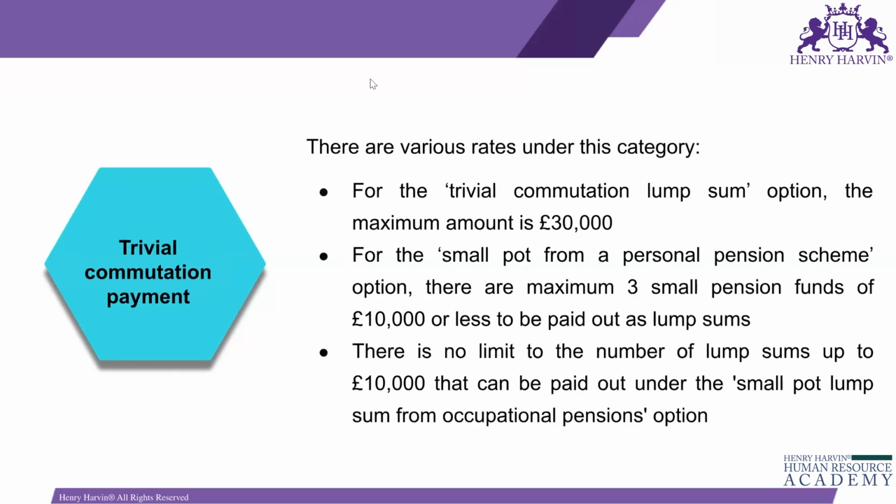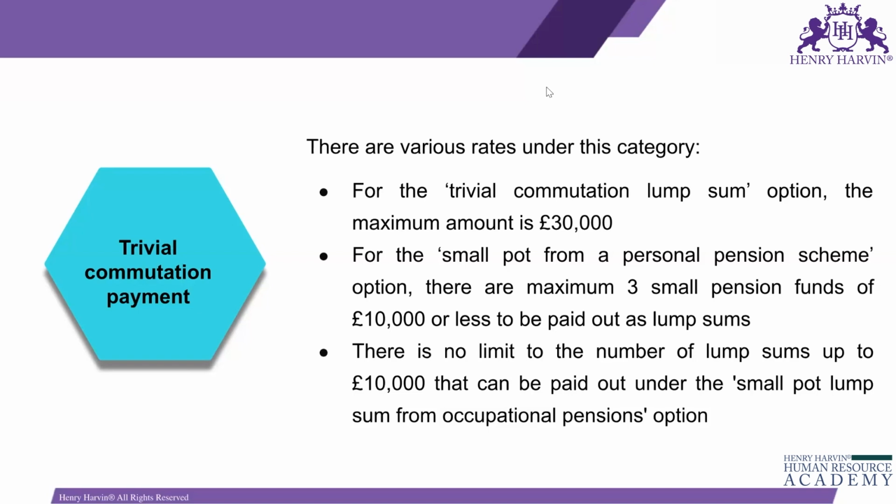Trivial commutation payment. What is this now? There are various rates under this category. For the trivial commutation lump sum option, the maximum amount is £30,000. Okay, so what is this now? There will be small pension options where you can contribute a maximum of 30,000 in a year in a pot.